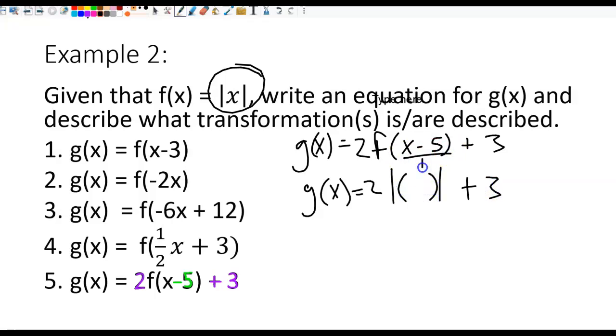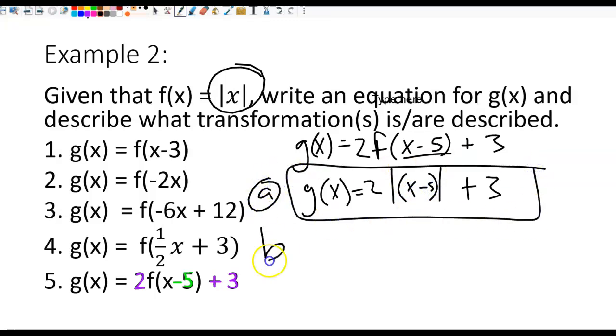And what's going to go in the parentheses is the x minus 5. And so we have our f of x minus 5 right here. And then we have our multiplication by 2 here and our plus 3 here. So our final equation is, as you see there, x minus 5 here, and we're good. So there's your part A answer.